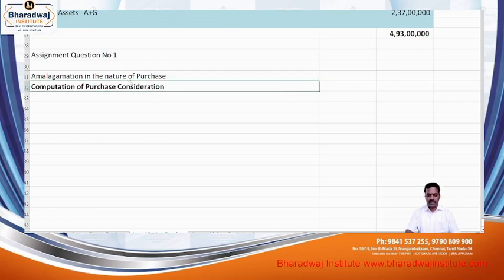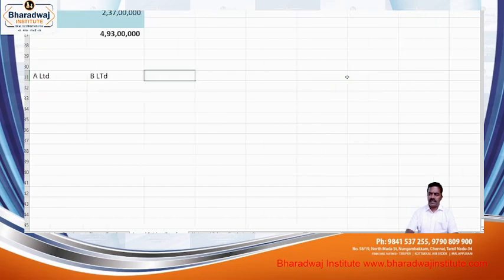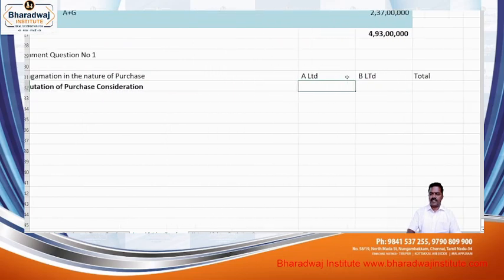Here they are not giving you in which form the purchase consideration is paid. So we'll assume that it is paid in what? Shares. A Limited and which one? B Limited. Let us maintain total column also. With that we can prepare the balance sheet easily.